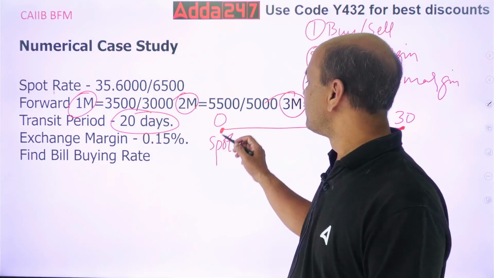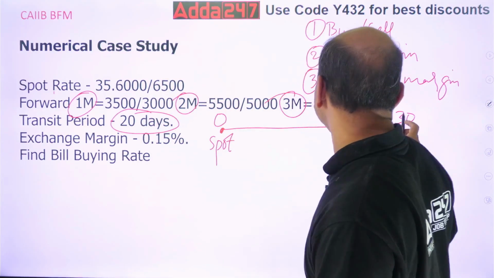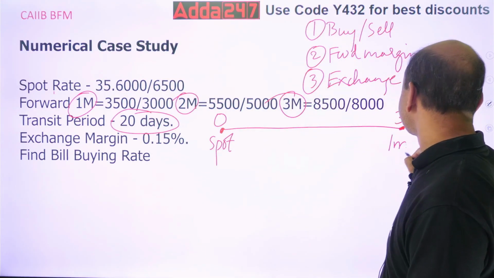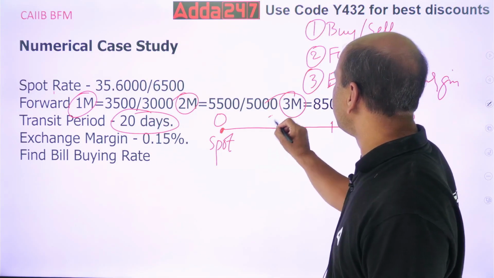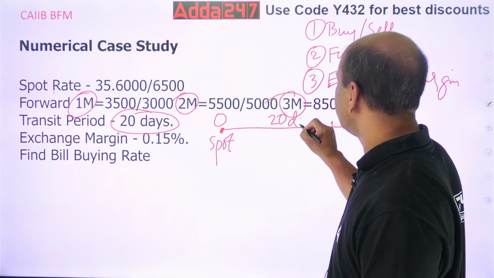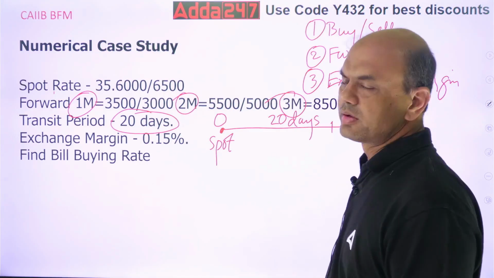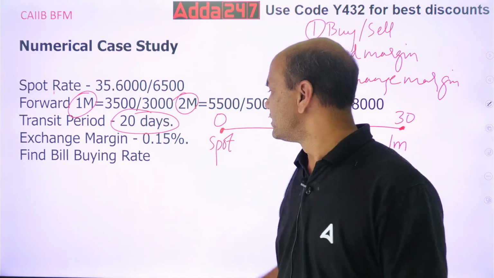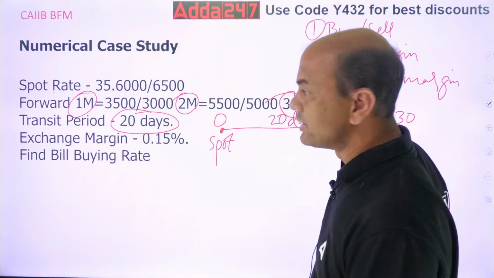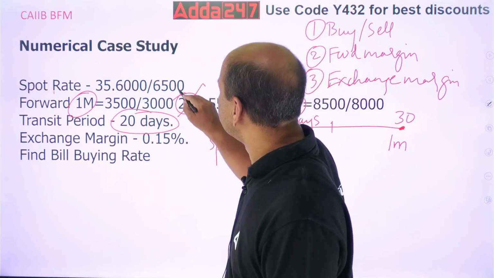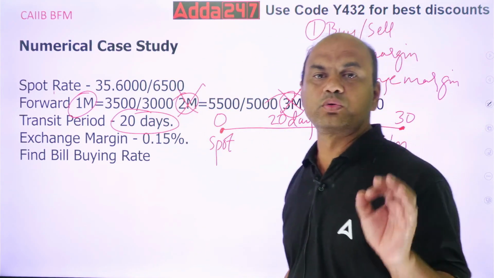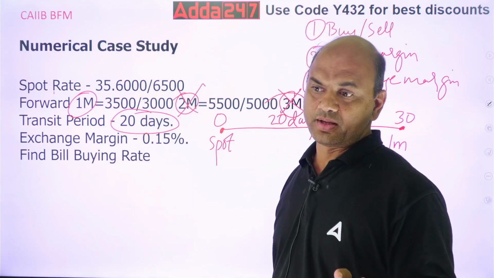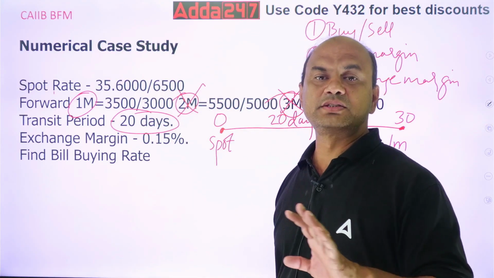So, we are focusing on 0 to 30 days, 1 month. So, I'll lie somewhere over here, 20 days. Okay. So, now, my focus point should be spot rate and 1 month rate. This 2 month is of no use to me. This 3 month is of no use to me. Zero use for me.